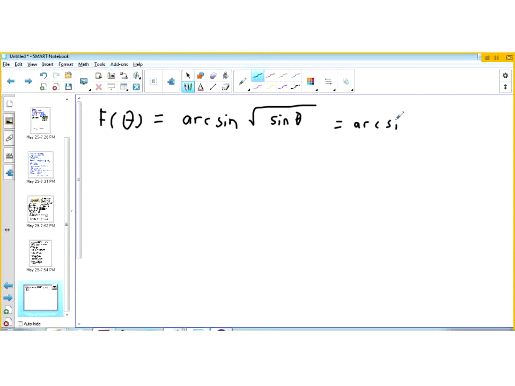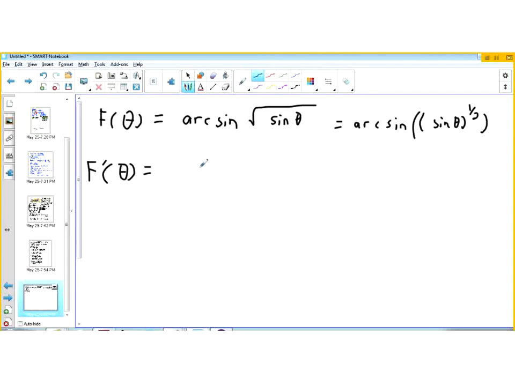Okay, so we've got this, which is equal to arc sine of sine theta to the 1/2. Okay, so we want to calculate f prime of theta.